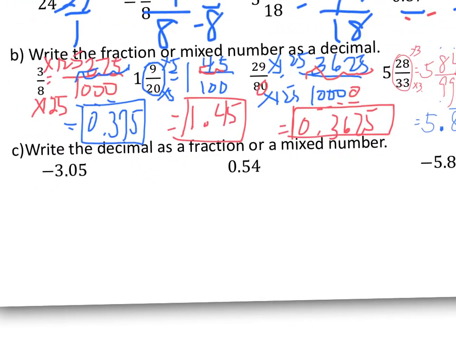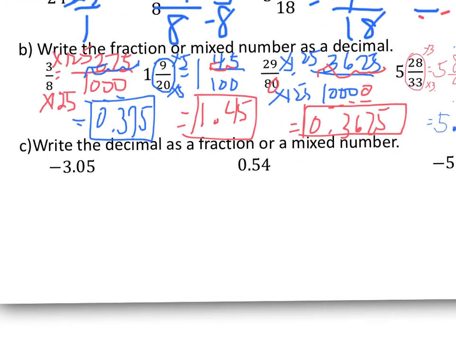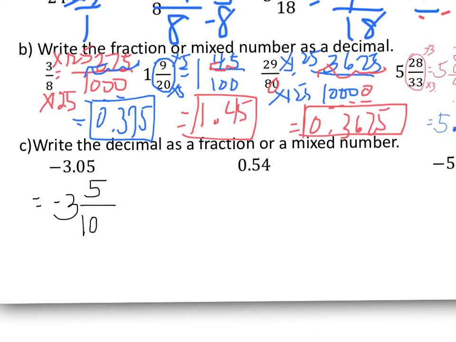Now, we're going to have to write the decimal as a fraction or a mixed number. So we need to take the whole number and then put 5 in the numerator and write 100 in the denominator because we have 2 decimal places to the right.